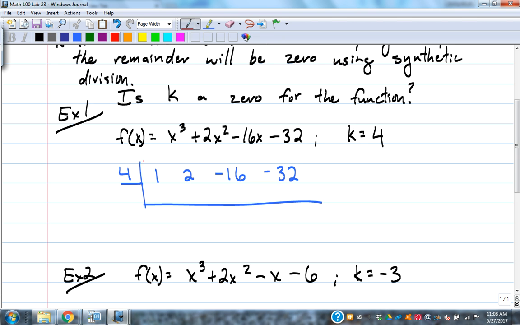And we run synthetic division here. So drop the 1 down, multiply, and add, multiply, and add, multiply, and add. That remainder of 0 tells us that yes, k equals 4 is a 0 for that particular function.